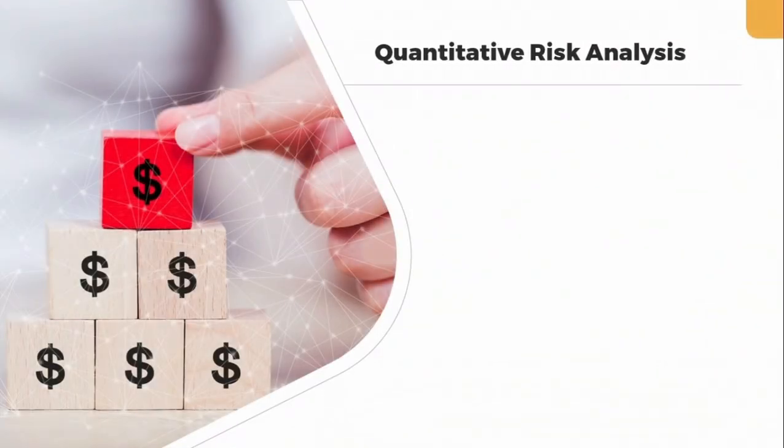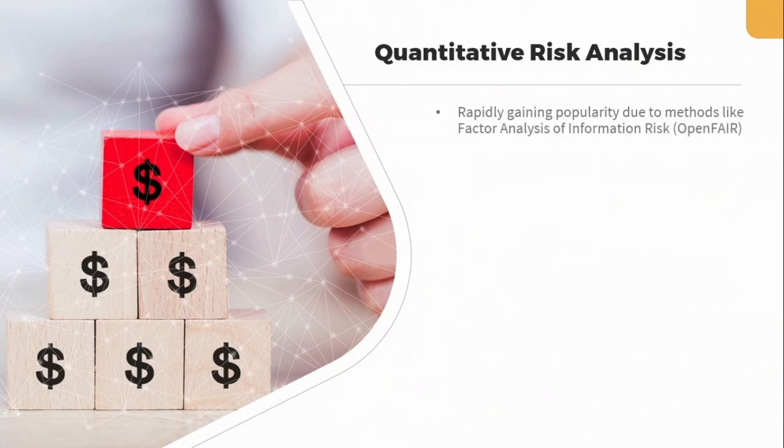Today, because of the weaknesses of qualitative analysis, we are gravitating towards quantitative risk analysis. This is rapidly gaining popularity due to methods like factor analysis of information risk, or Open FAIR.